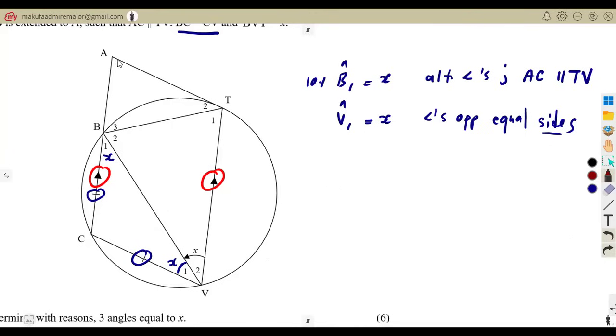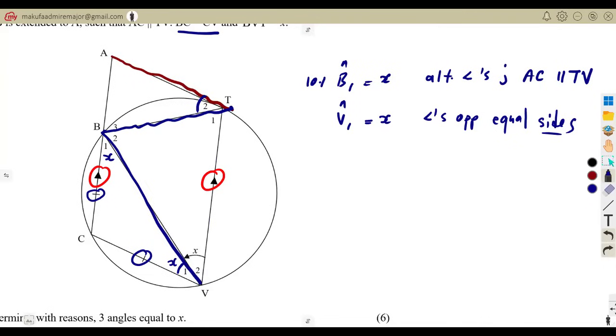Let's consider the tangent. A to T is a tangent, remember? And we do understand that the angle between a tangent and a chord is equal to the angle in the alternate segment where this chord BT is creating an angle, which is X here.